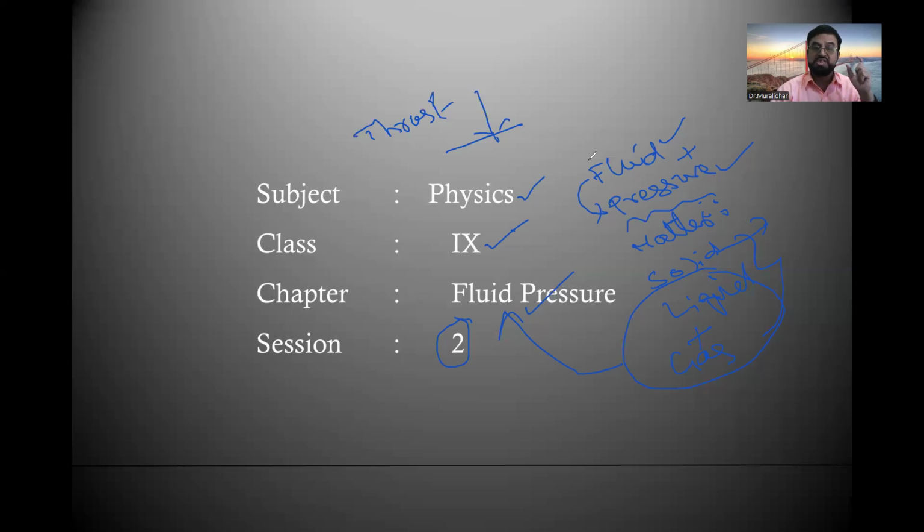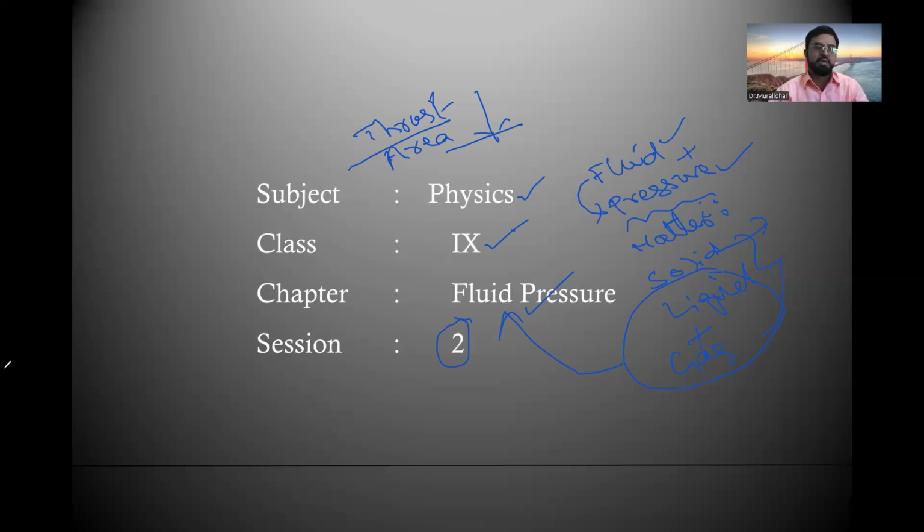So thrust is nothing but a force acting perpendicular to the body, whereas pressure is nothing but thrust per area. When the force acts perpendicularly on a particular area, for example when we hit the head of the nail with the help of a hammer, on that small area the force is acting and making the nail insert into the wall.